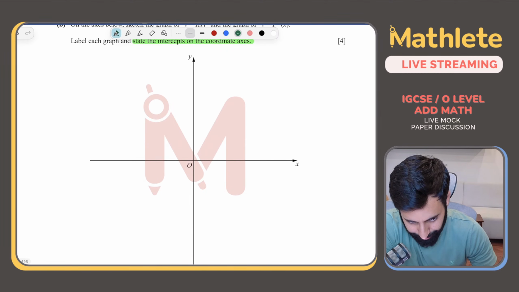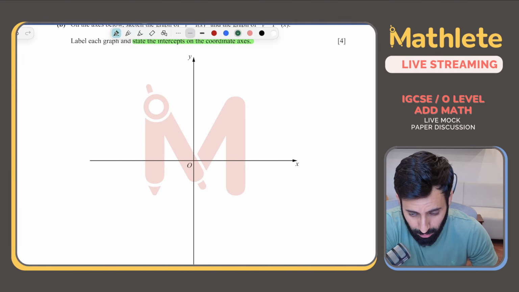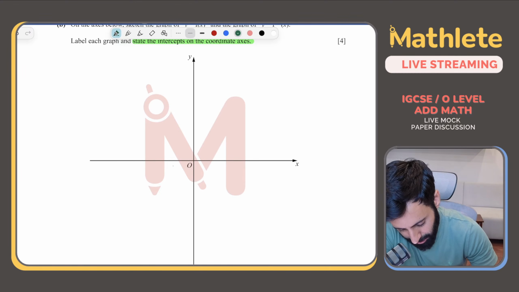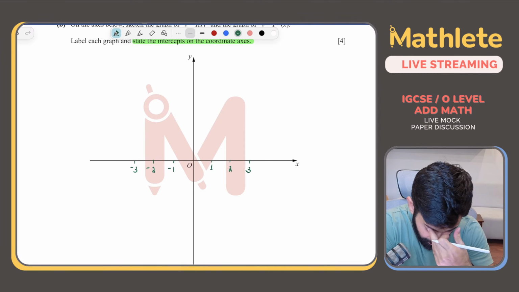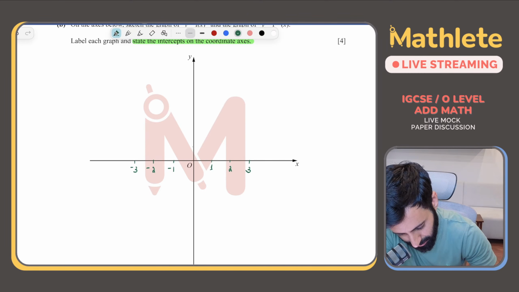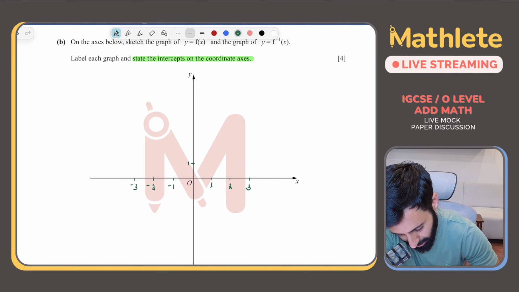Okay, now if I look at f of x, we just saw it has its minimum value at minus 1. My advice to you is that even when you're drawing a sketch, try and be as accurate as possible, especially when you have to draw the inverse also, because if you don't mark accurately and you have to draw the inverse, then the two functions will not look like mirror images of one another.